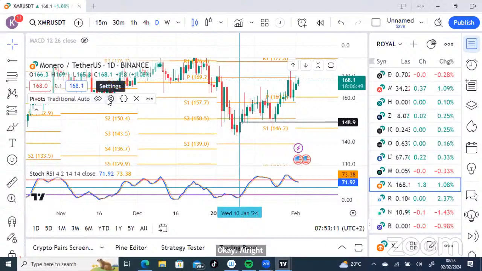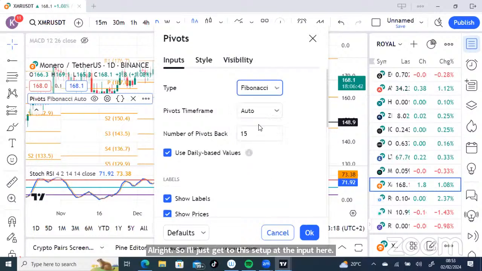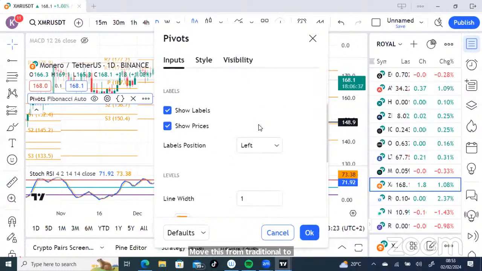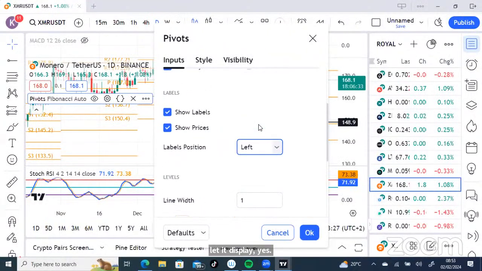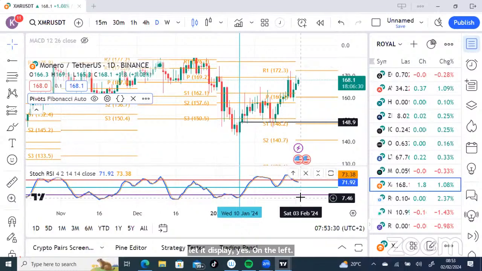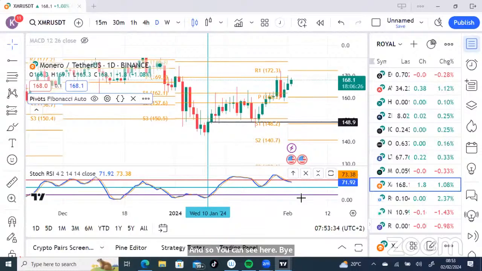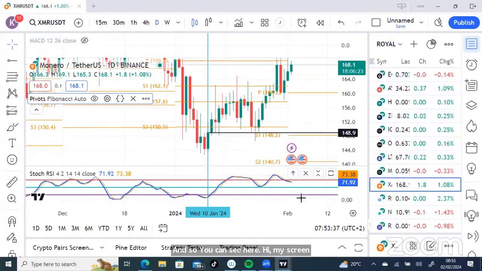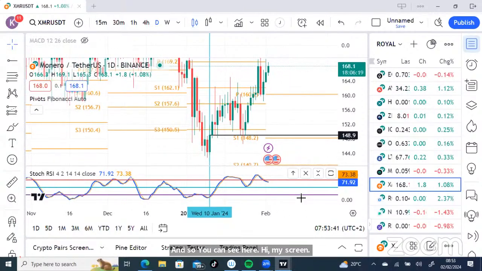I'll just get to this setup at the input here. Move this from traditional to Fibonacci. Then come down here and let it display yes on the left. Okay, and so you can see here, if I widen my screen, we were on support 3, and this is in one day.